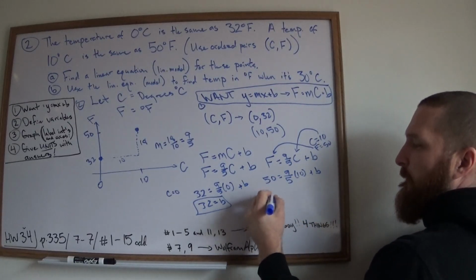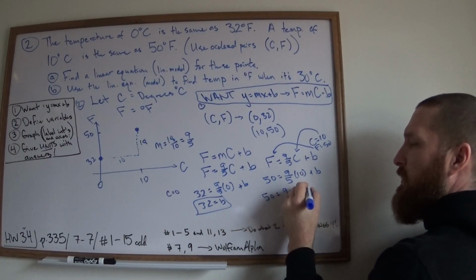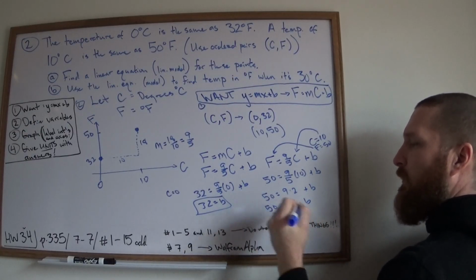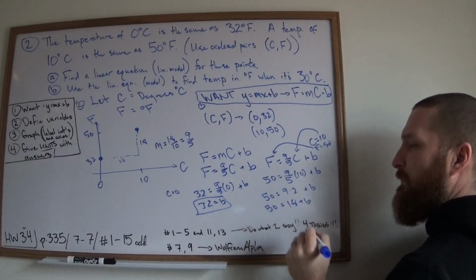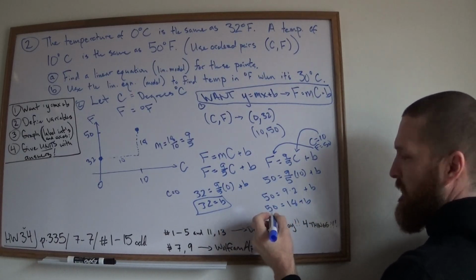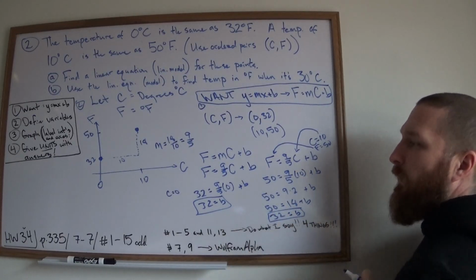And I get 50 equals 10 divided by 5 is 2, so that's 9 times 2 plus b. So 50 equals 9 times 2 is 18 plus b. 50 minus 18 should be 32. Yep, 32 equals b. Either way you want to do it, you got the right thing.